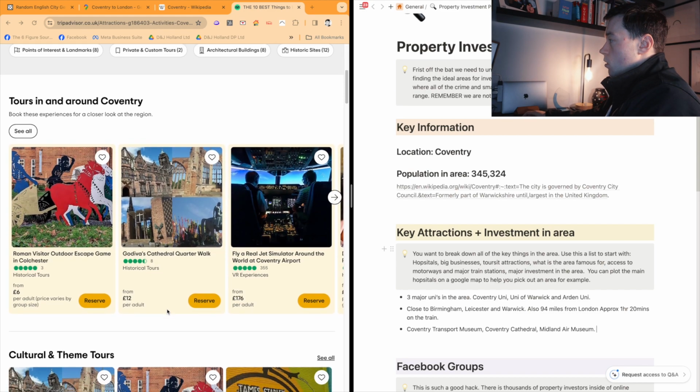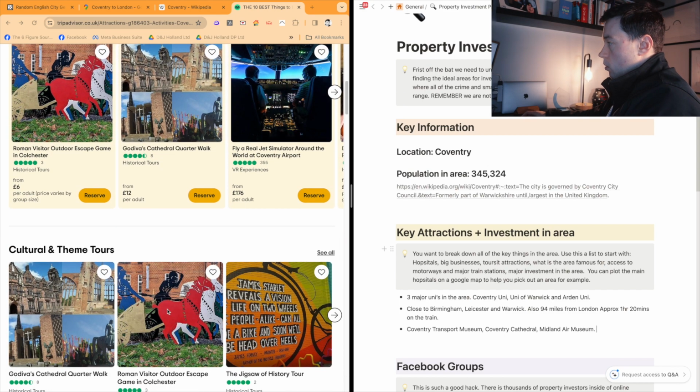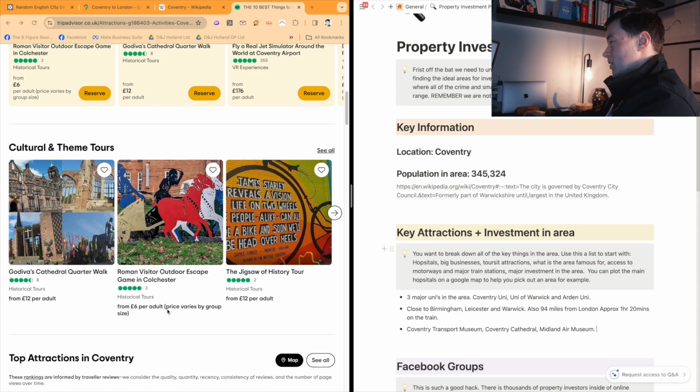So maybe not too much. I'd suspect this would probably be good for the contractor market in service accommodation, just off what we're looking at already.